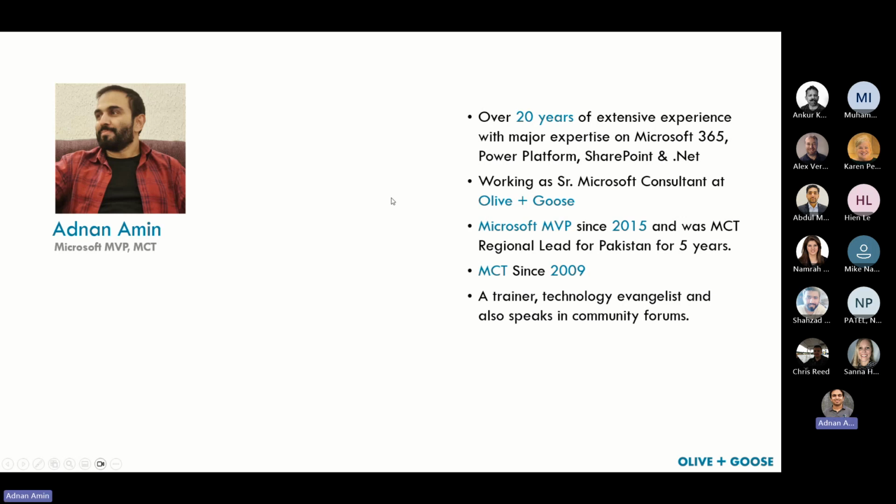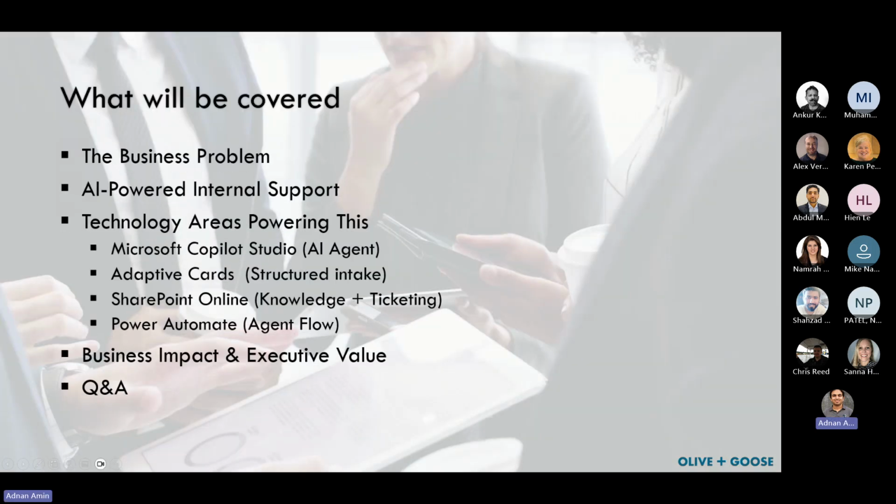Today, I will demonstrate how we can build a custom Copilot agent that transforms traditional IT support into an intelligent, structured, and automated experience. In this session, we are going to focus on how organizations can move from traditional IT support models to an AI-powered internal support agent built entirely within Microsoft 365.